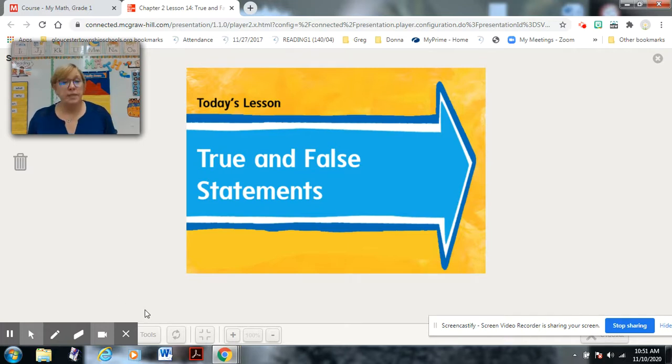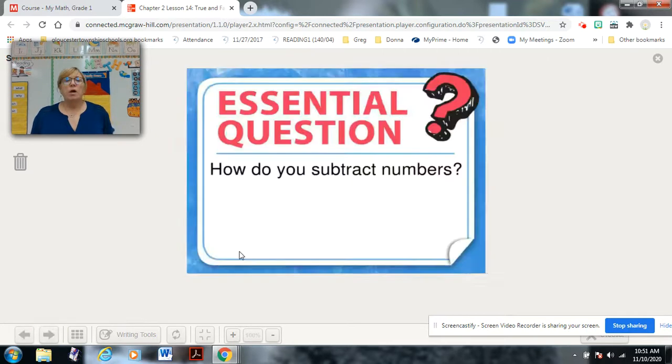Things that are correct or true, or false, not correct, wrong, not what we're showing. Okay? And as part of our chapter 2, our essential question, how do you subtract numbers? And you might think, how are true and false statements connected to math? I'm going to show you today, okay?